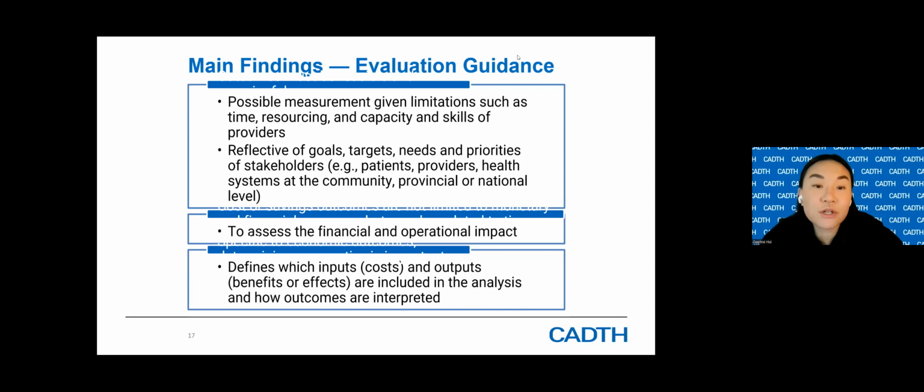And next, cost or saving outcomes are not limited to monetary and financial measures, but are also related to time. And specific to economic outcomes, determining the perspective is important as it defines which inputs, such as costs, or outputs, such as benefits or effects, are included in the analysis and how outcomes are interpreted. Next slide, please.